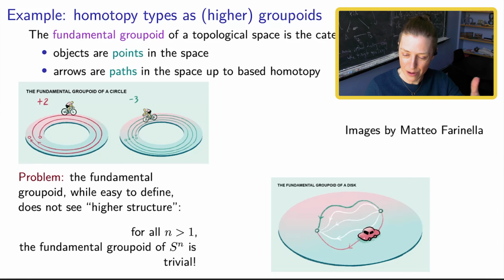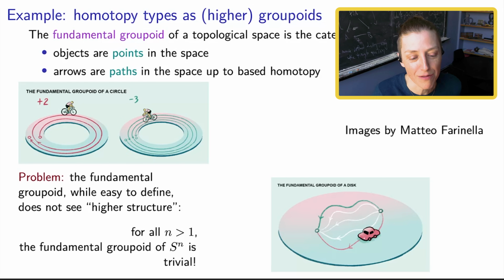Homotopy is a continuous deformation between paths you can take from the left to the right. And what that means is that it doesn't see higher dimensional structure. So maybe this disk you're thinking of as a flat two-dimensional disk in the plane. But if it were a three-dimensional disk or four-dimensional disk or five-dimensional disk, it would be exactly the same. There would still be only one path up to homotopy between any 2 points.